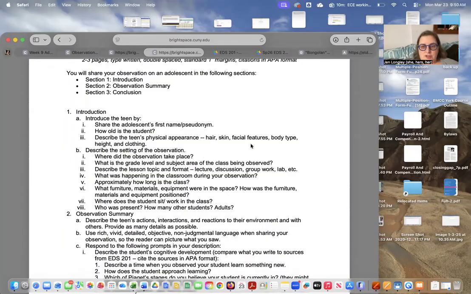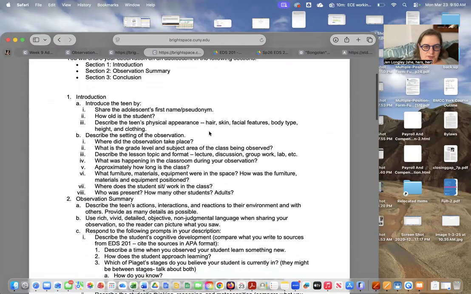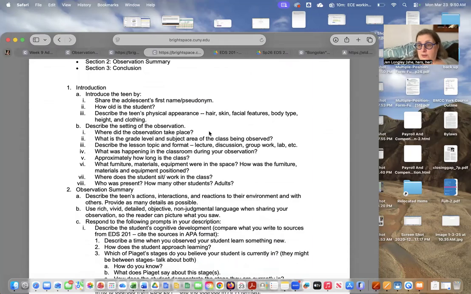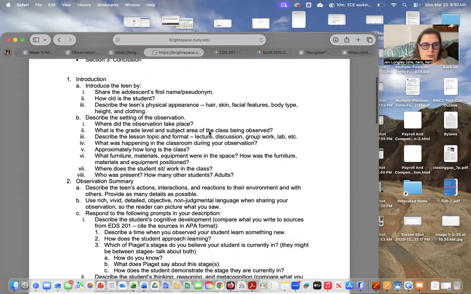Their skin, facial features, body type, height, clothing. If this is a culmination of observations, then you just need to pick one description of the student's clothing and things like that. You don't need to describe each of the different days unless there was a day they wore something totally different and out of the ordinary.